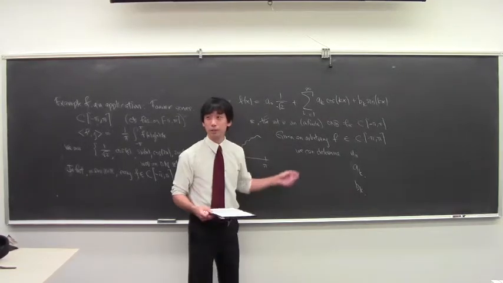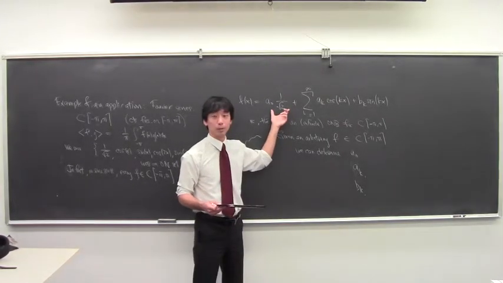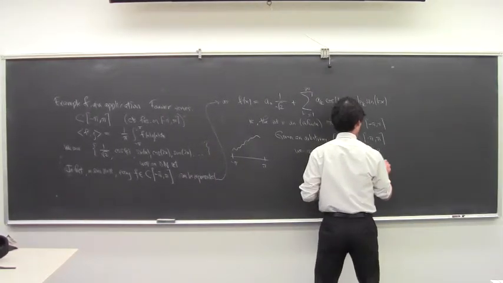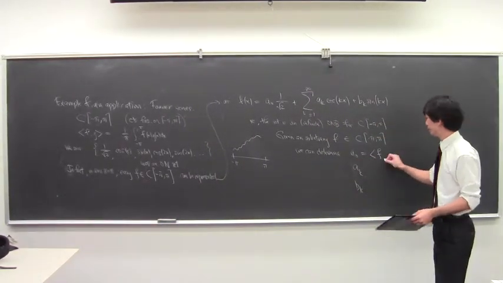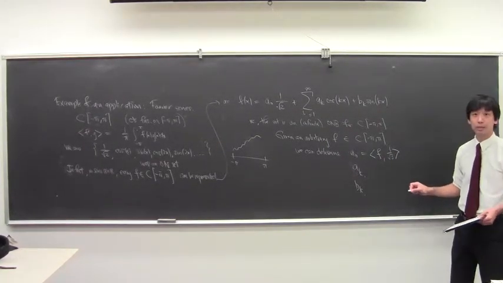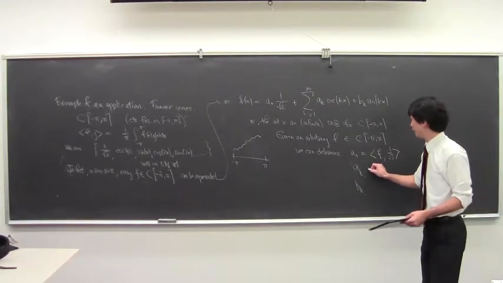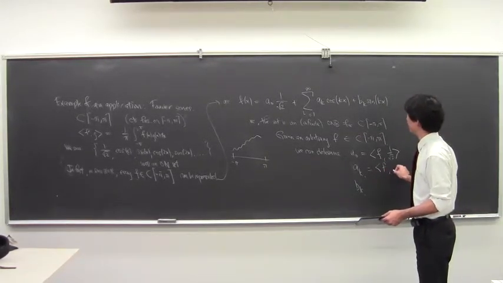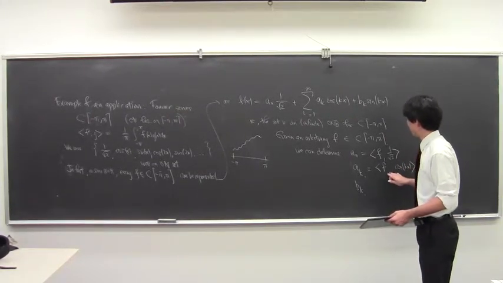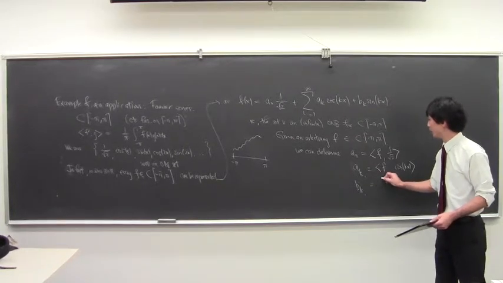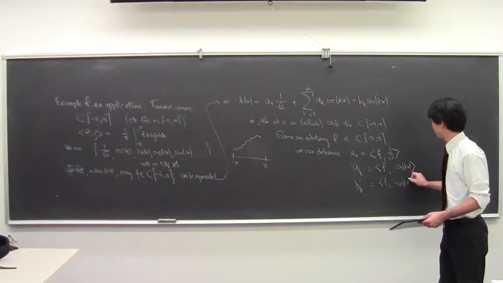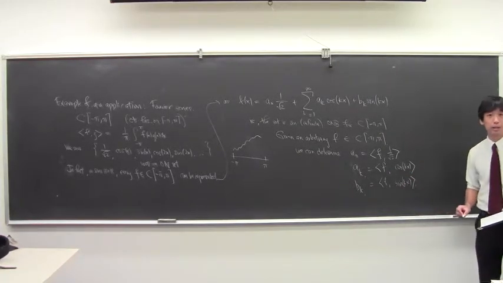Just by using our knowledge of orthonormal sets. a0 is of course going to be the inner product of your sound against the function 1 over root 2. a_k is going to be the inner product of your function against the cosine kx. b_k is going to be the inner product of your function against the sine kx.